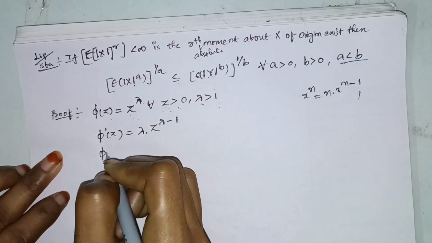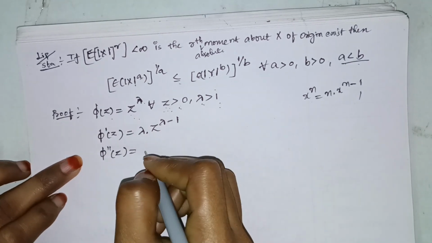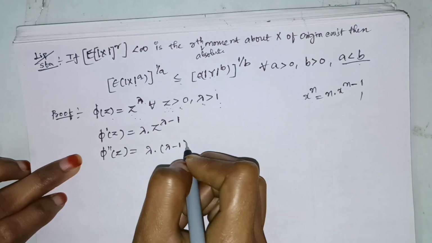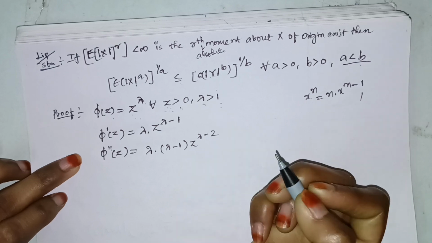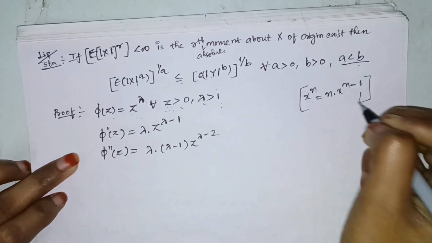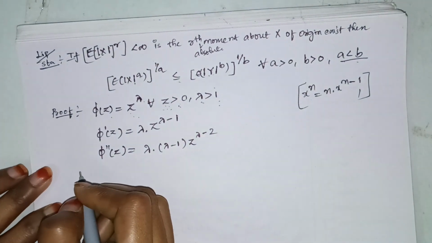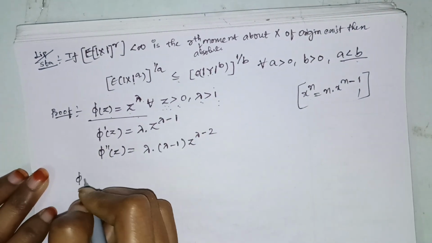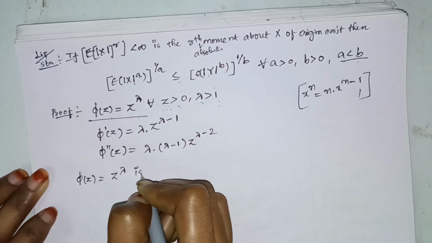And now the second derivative, phi double dash of z, which is nothing but lambda into lambda minus 1 into z to the power of lambda minus 2, which is the same formula we applied here. Now we have taken this function phi of z is equals to z to the power of lambda, a convex function.